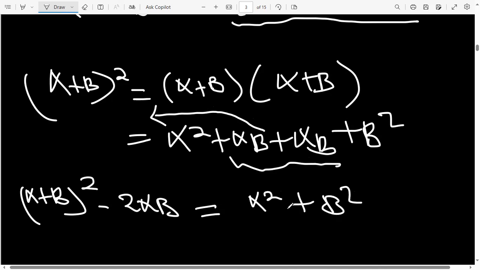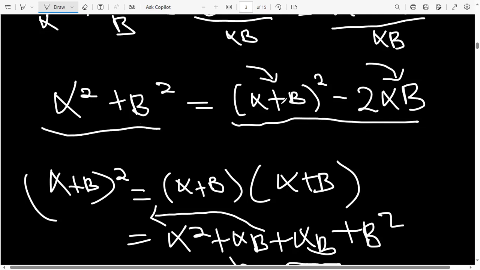So this is where the identity comes from, okay? In case you were confused where I got it from, you can derive it like that. But in a test, in an exam, there's no need to show where it's coming from. Just master that whenever I have alpha squared plus beta squared, it's the same as this expression that I wrote on the other side.